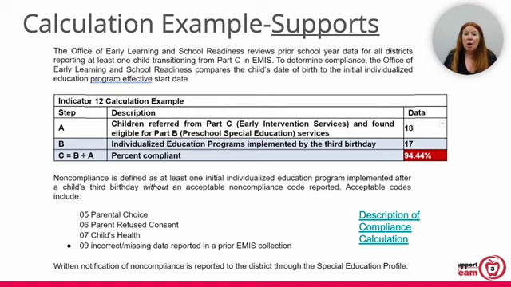For example, 03, staff not available in the summer perhaps, is not acceptable for Indicator 12. You'll get a finding. 04, schedule conflicts with families. While it might explain the situation, it's not an acceptable non-compliance code to use, as it will result in an Indicator 12 finding. 05, parent choice.